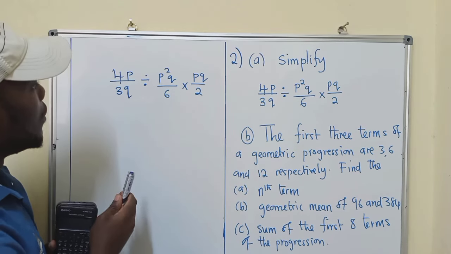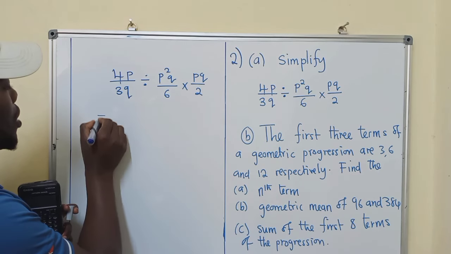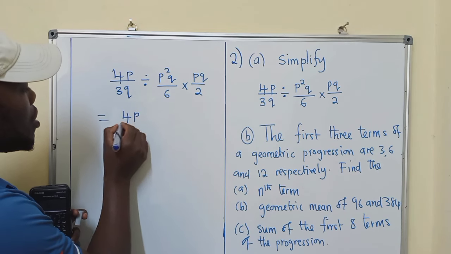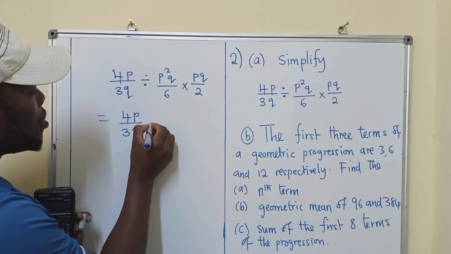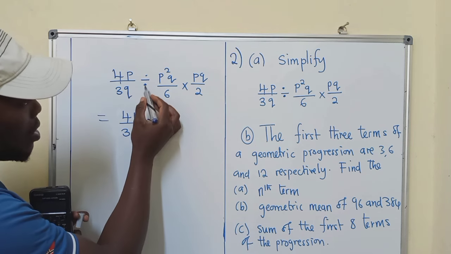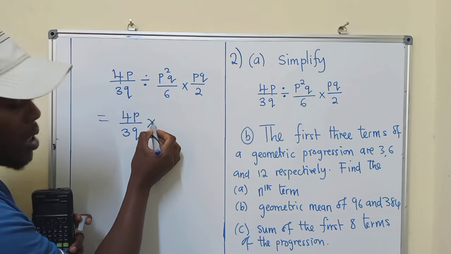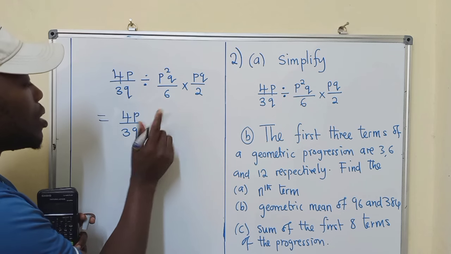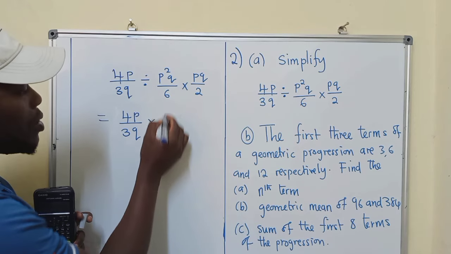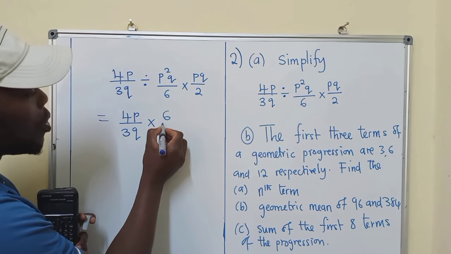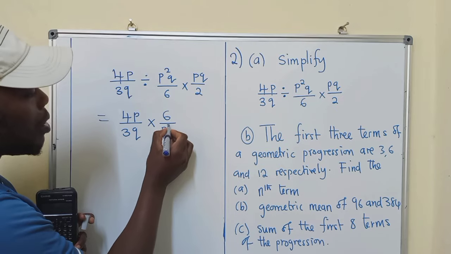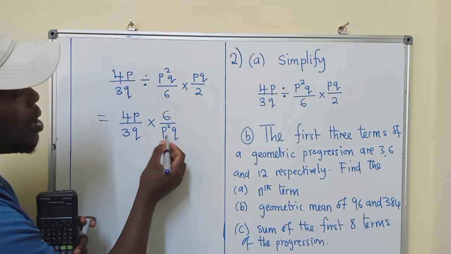So we are going to say 4p over 3q times. This is a division, but here we put it times. So when we put times, this goes on top, and p power 2 q goes down.